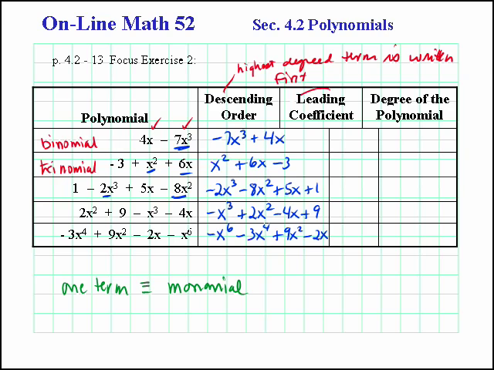Now, the leading coefficient is always the first term after it's been put in descending order. So the leading coefficient is going to be that first term's coefficient. So what do we see here for the very first term in its coefficient? Negative 7.